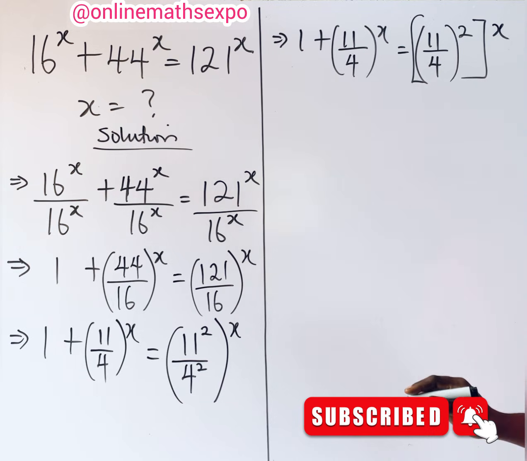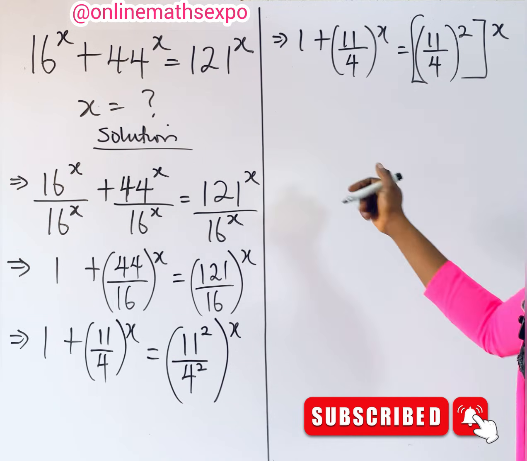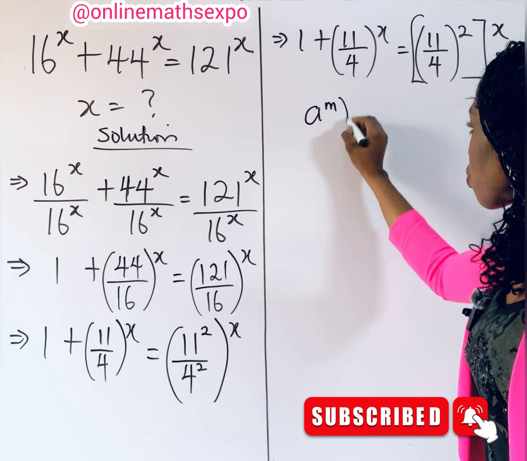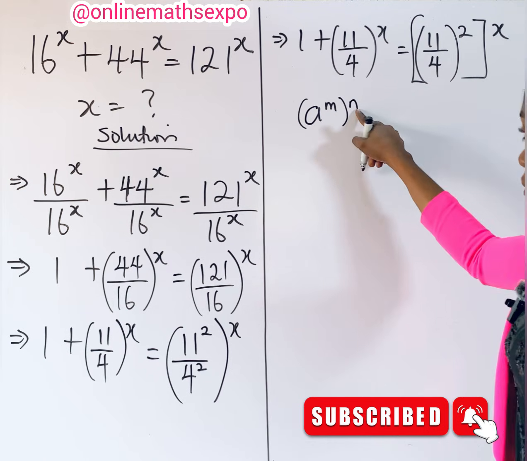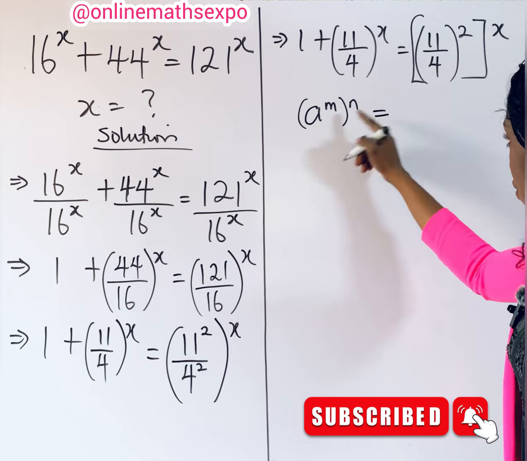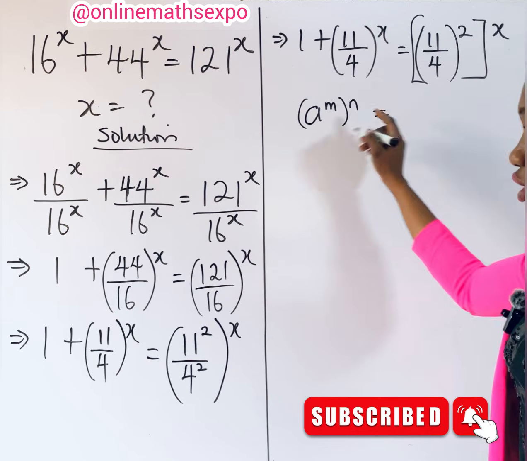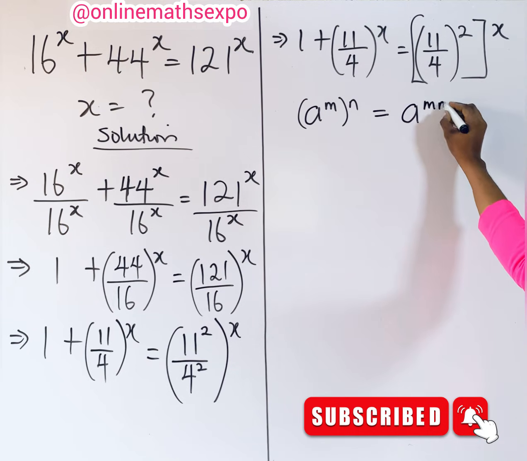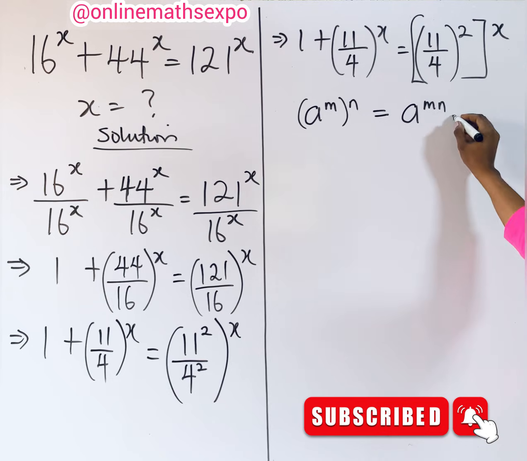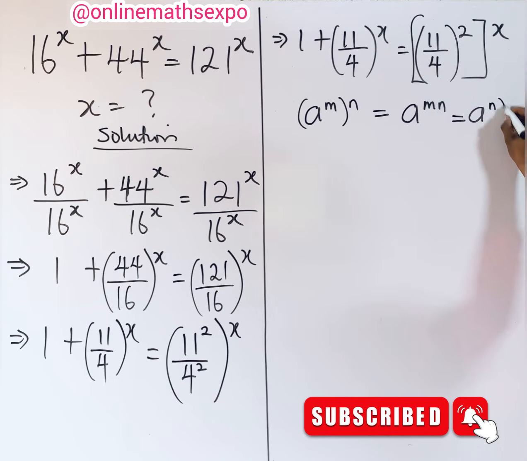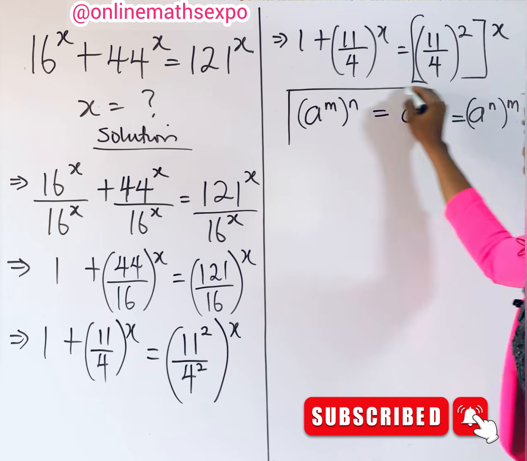Now, what do you do next? We are going to remember this rule of exponents that says a to the power of m, to the power of n, the powers are multiplying. So it's going to be a to the power of mn, which is the same thing as a to the power of n raised to the power of m. These three are the same.